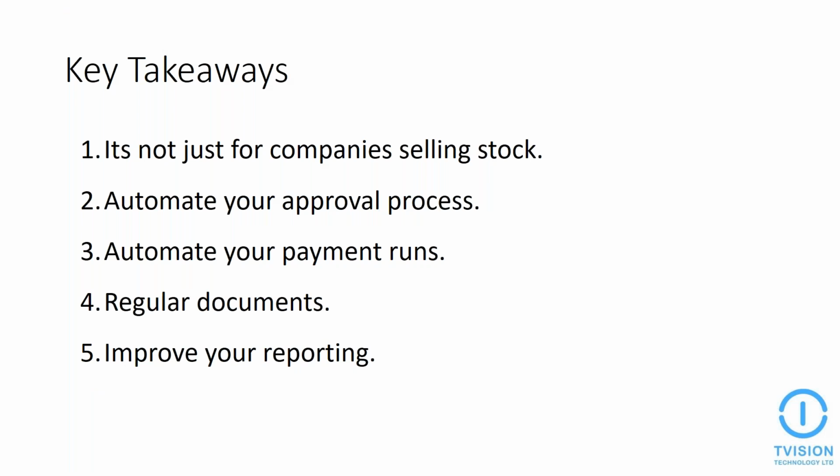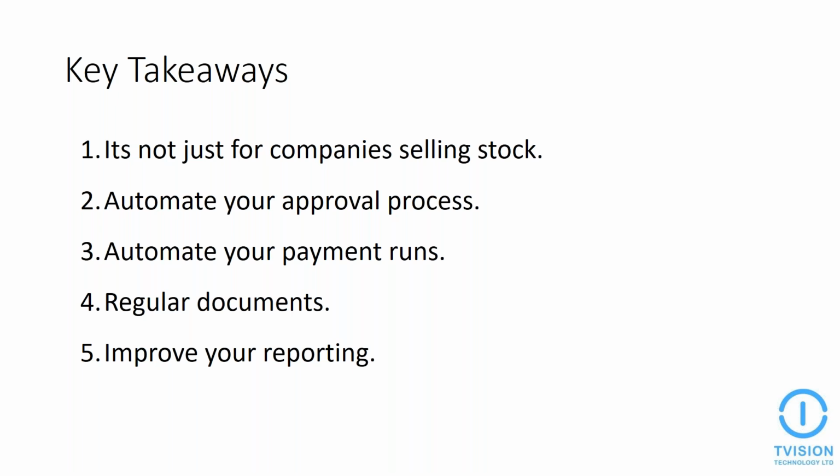I'm just going to leave you with 5 key takeaways about purchase ledger. It's just 5 things to consider and think about when you're using it. It's not just the stock. Think about what you buy from your suppliers on a regular basis, such as stationery. Could you use the solution for purchases such as those? What could your ideal automated approval process look like?